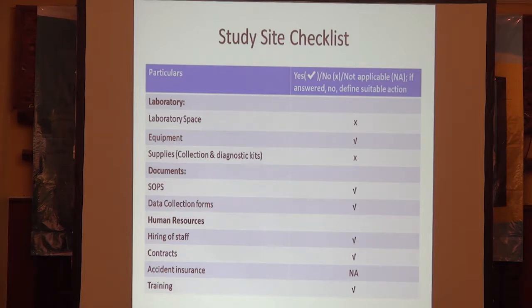The documents, the standard operating procedures, yes, data collection forms. And for human resources, you hire the staff, the project manager as well, data manager as well as the field workers. And there will be contracts as well.